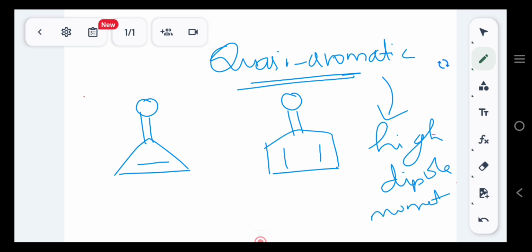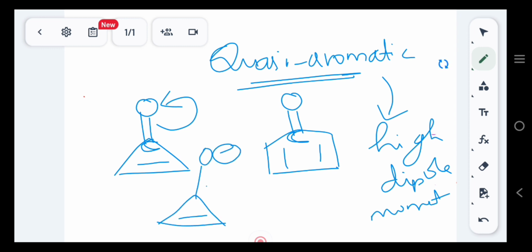It's nothing but charge separation, right? So here, carbon double bond oxygen. Which is more electronegative here? Oxygen, right? So you have to shift the bond towards it, because oxygen always tries to pull the electrons towards itself because of its high electronegativity. So this bond will be like this, right?